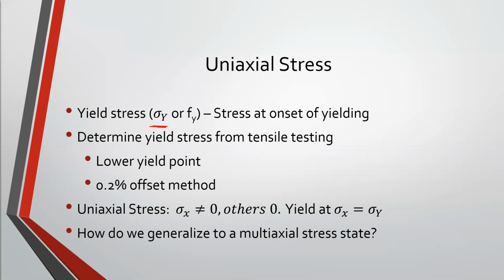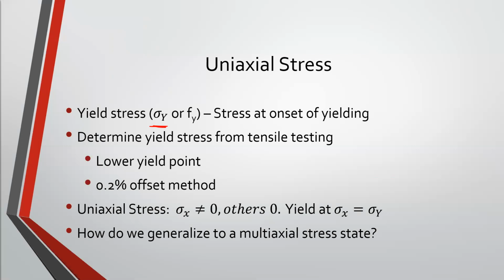So what we're going to see today is two different methods of explaining when something yields for a multi-axial stress state. Because it's fairly simple for uniaxial. You had that down in like month 1. But now that we have pressure vessels, we have normal stresses in two orthogonal directions.